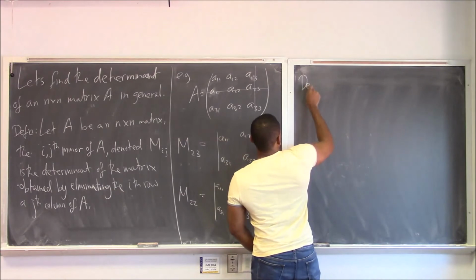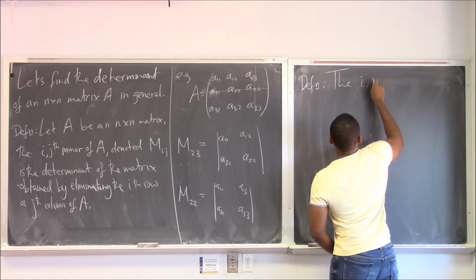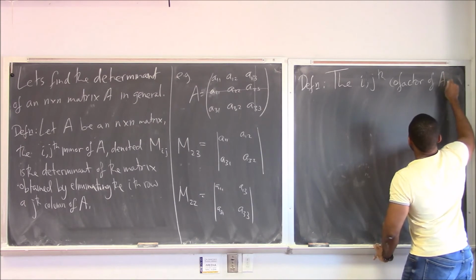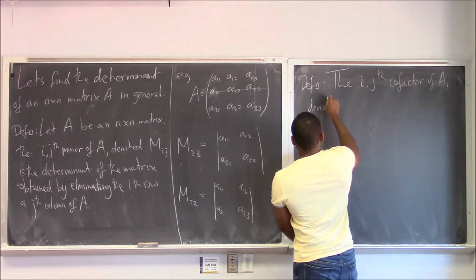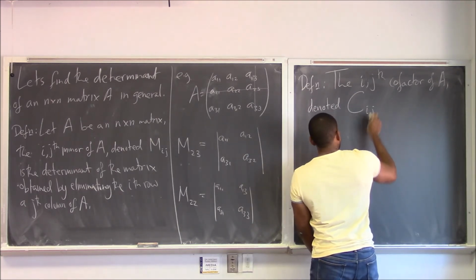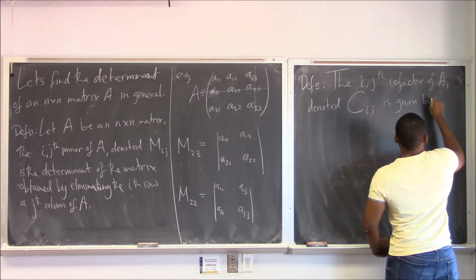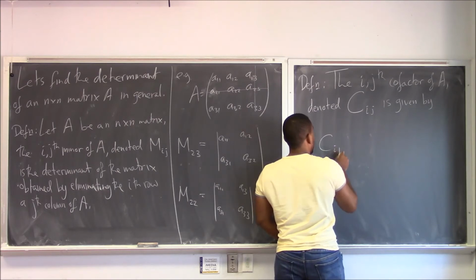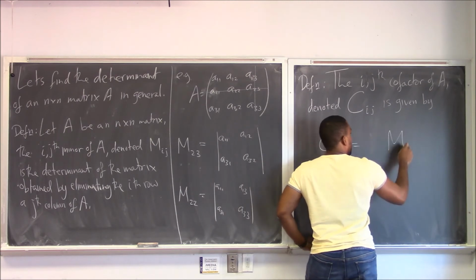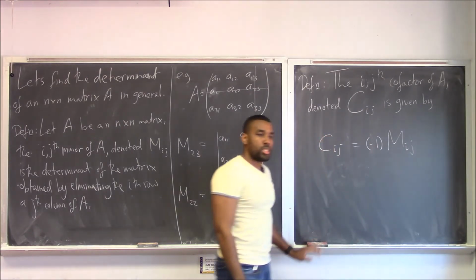Let's do a definition. The ij cofactor of A, denoted with an uppercase C, Cij, is given by Cij equals almost the same thing as Mij, but it's the guy that helps us alternate the signs.